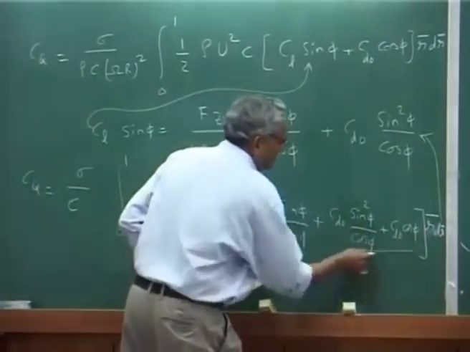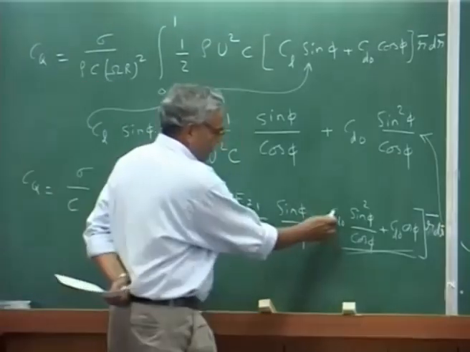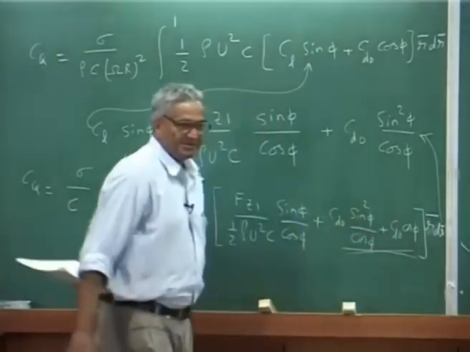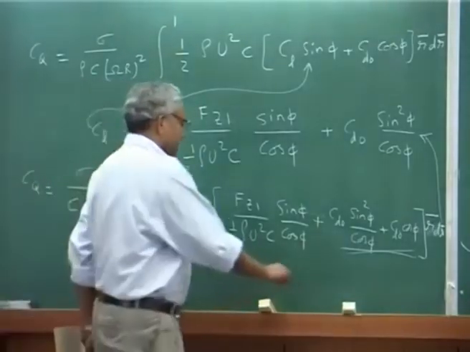Now, if I club these two terms, this will become C d naught over cosine phi.